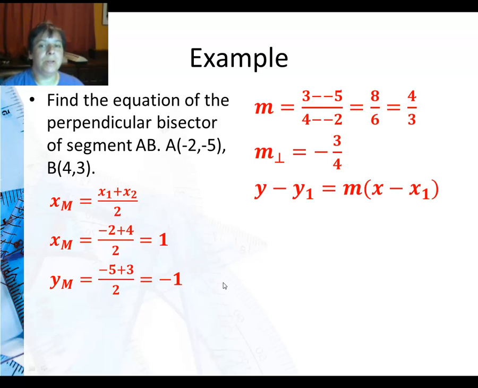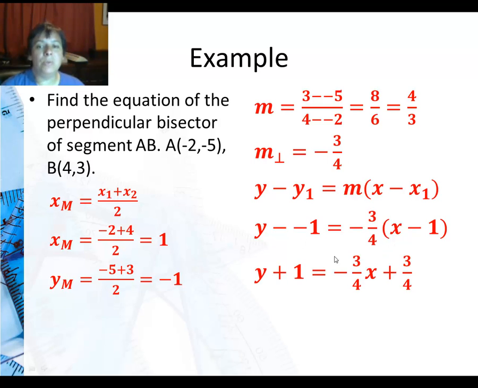I can use the point slope formula. Substituting in, the -1 goes in for y1, and the 1 goes in for x1, and there's my slope. I can make that y plus 1, and here I distributed the -3/4, -3/4 x plus 3/4. Subtract 1 from both sides, and I get -3/4 x minus 1/4.